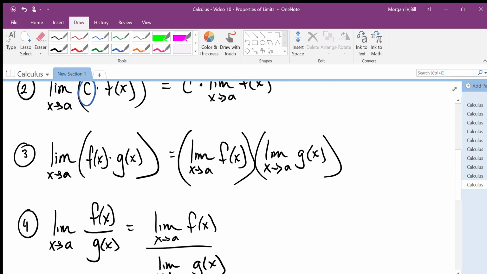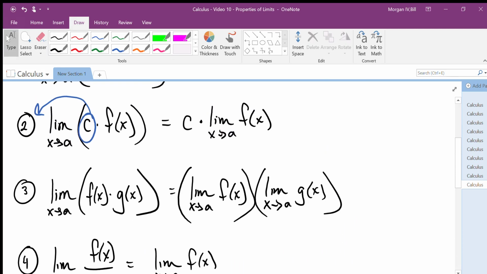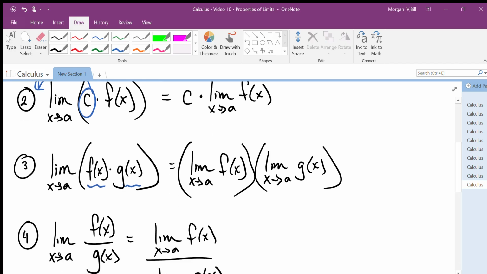Property number 3 of limits. What if you have 2 functions that are multiplied by each other? Earlier we had them added or subtracted. If 2 functions are multiplied by each other, the limit of those functions as x approaches a can be thought of as the limit of the first function times the limit of the second function.